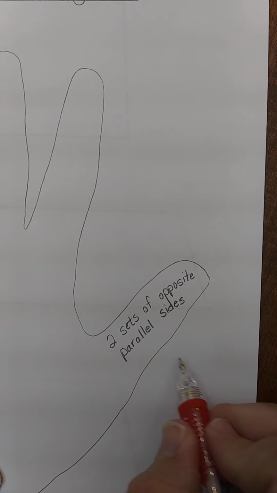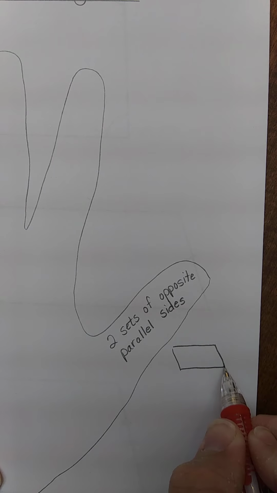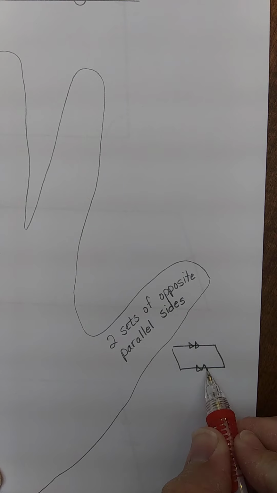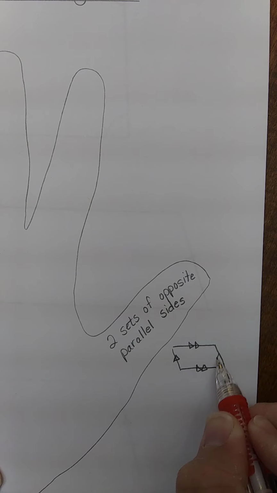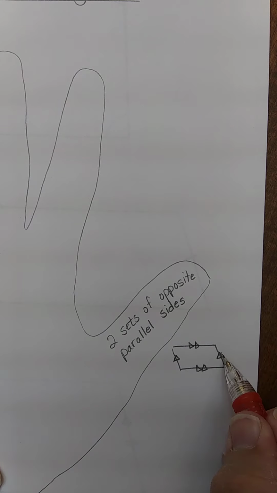And I'm just going to jot a little picture over here, and this is the one we just did. So we would need to see parallel opposite sides and parallel opposite sides. So we would need those little triangles on them. Sometimes they'll leave them open, sometimes they'll get filled in. That's not really important, it's just that little triangle marking that indicates parallelism.